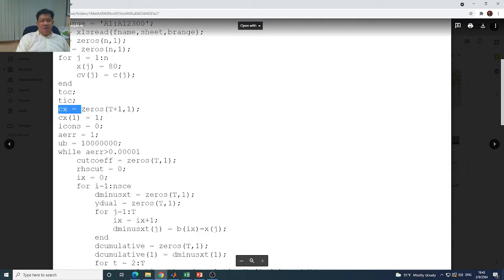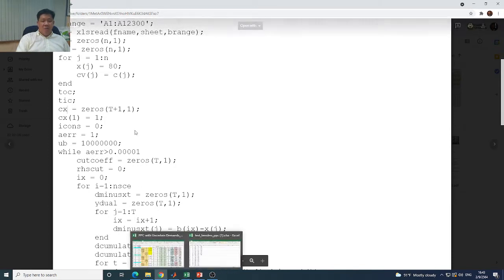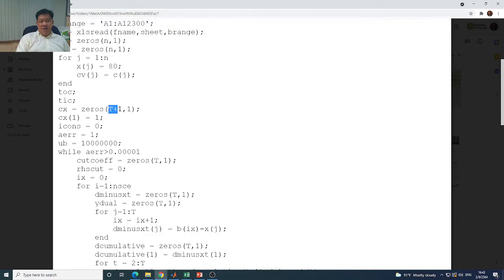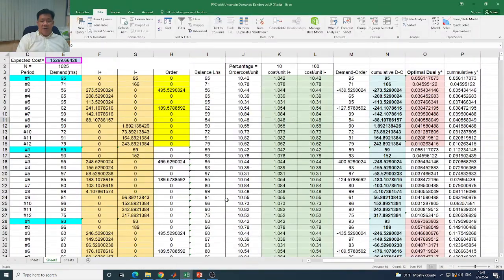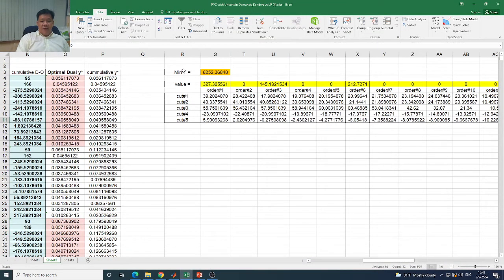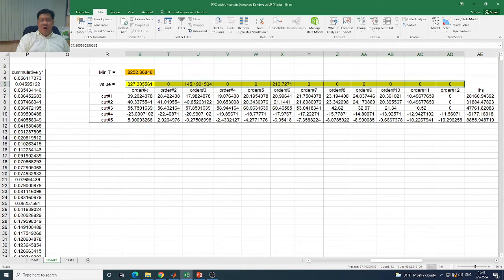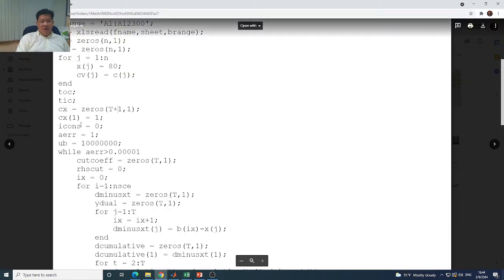Then remember that CX is the cost coefficients according to the Bender cut model. You might remember that the Bender cut always has plus 1 here, because you need to add one more variable in the model. In this case, this is the t, an additional variable beyond the 12 original variables from the first stage. So n becomes n plus 1, 13 decision variables in the subproblem.